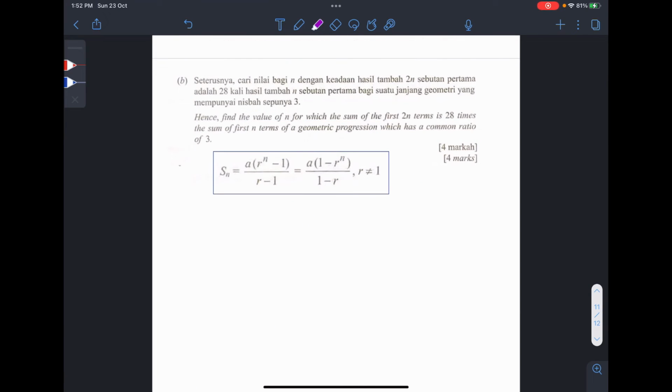Question 5b is asking us to find the value of n for which the sum of the first 2n terms is 28 times the sum of the first n terms of a geometric progression which has a common ratio of 3.